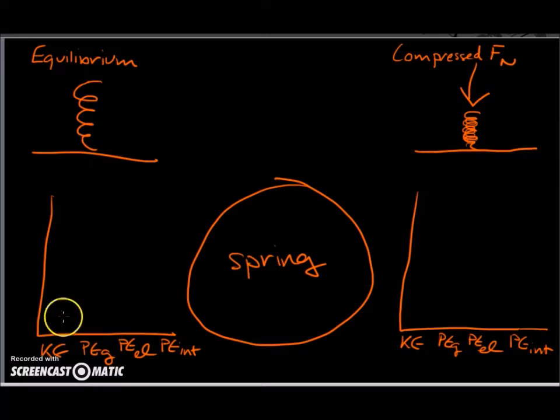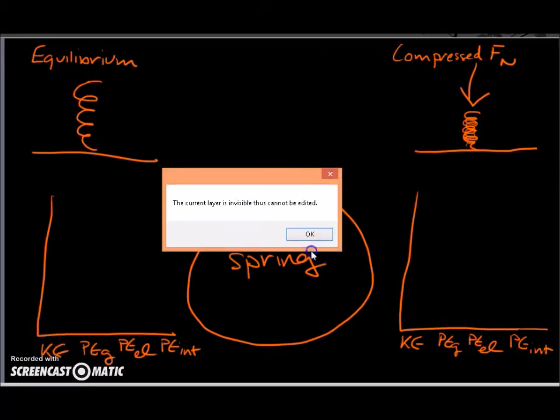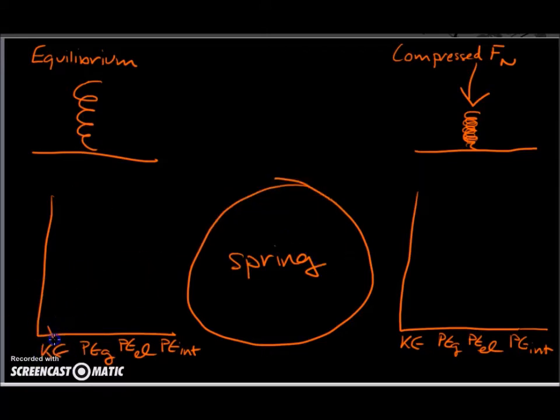Now let's analyze the energy that's happening in each of these situations. In the first situation, the spring is not moving, so we have no kinetic energy. The spring is resting on the ground, so we have no potential energy of gravity. It's not compressed, so we have no elastic potential energy yet. And we also have no internal potential energy. In our second situation, when the spring is compressed, we have no kinetic energy because the spring isn't moving, it's staying where it is, but it's compressed.